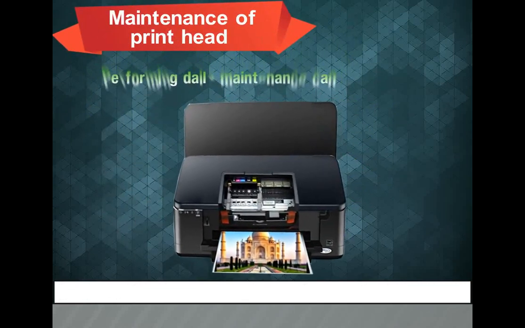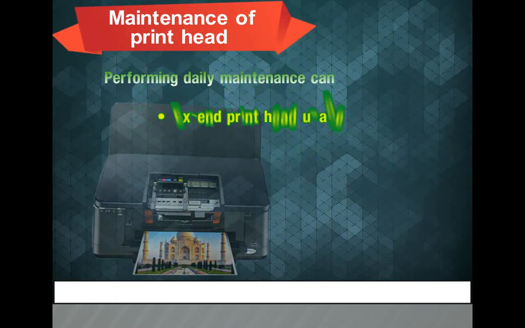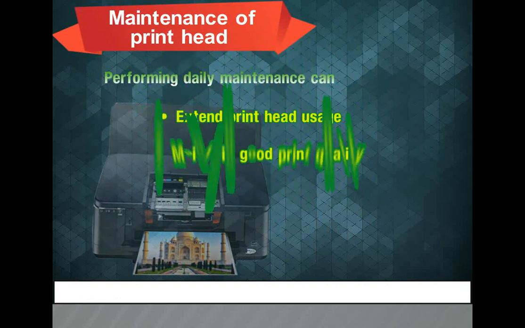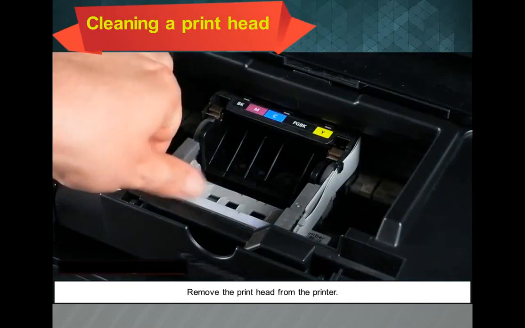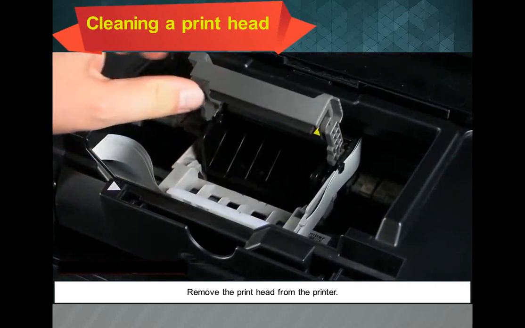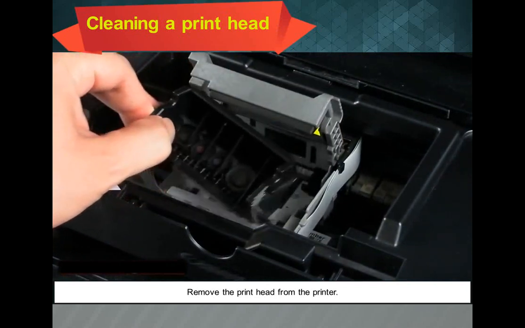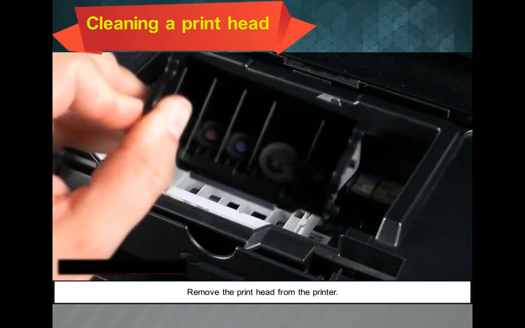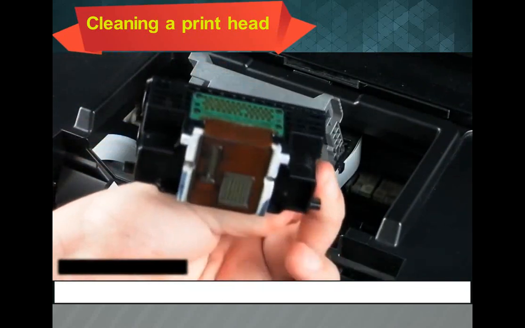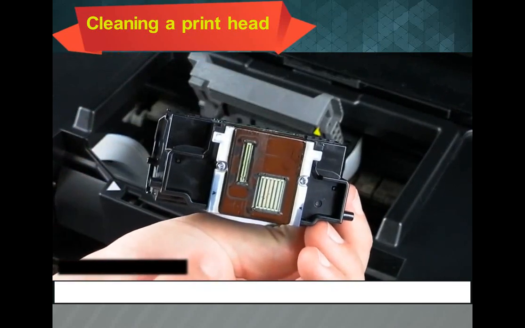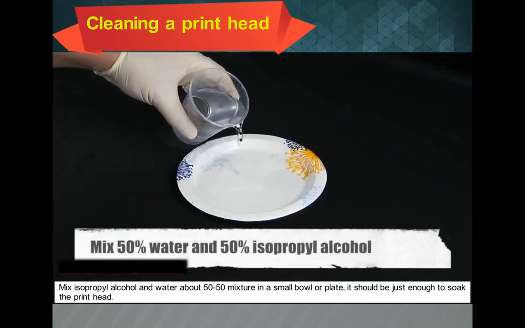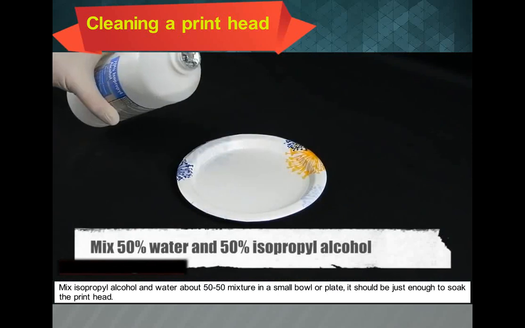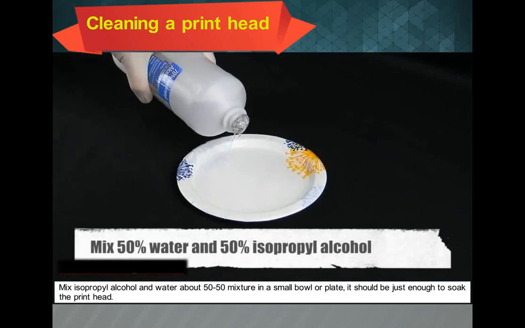Maintenance of print head. Performing daily maintenance can extend print head usage, maintain good print quality, and reduce overall cost. Cleaning a print head. Remove the print head from the printer. Mix isopropyl alcohol and water, about a 50-50 mixture, in a small bowl or plate.